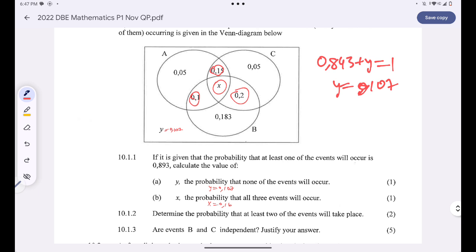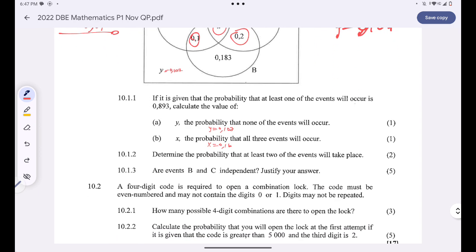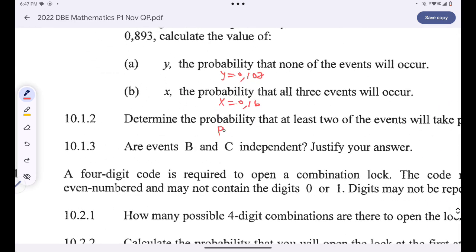So the probability of at least two events occurring, I'll take 0.15, and x, that's 0.16, and then 0.2 plus 0.1. This will give me 0.15 plus 0.16 plus 0.2 plus 0.1, which is 0.61. The probability of at least two events occurring is 0.61.